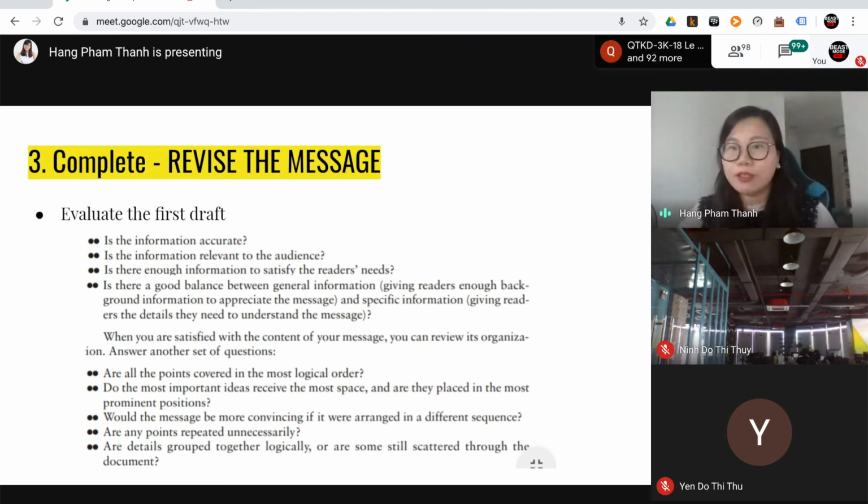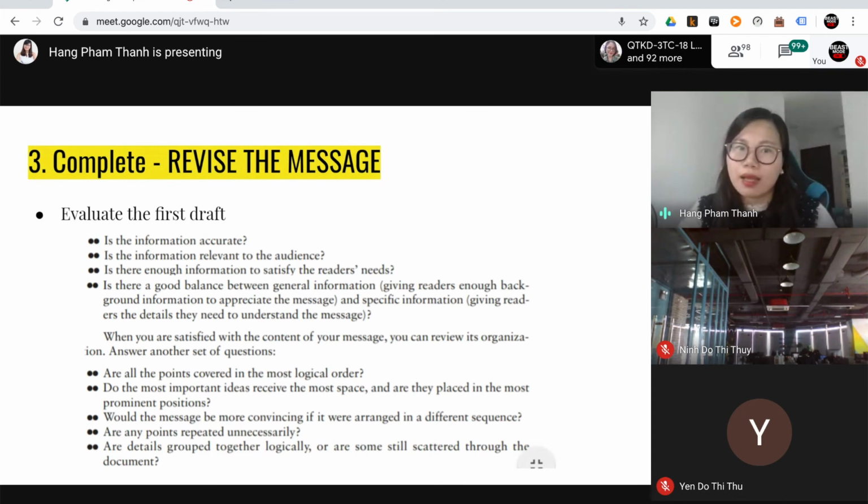Here are the questions you should ask yourself as a checklist when you evaluate the first draft. For example, is the information accurate and relevant to the audience? Is there enough information, or just very basic information that may not satisfy the reader's needs? Is there a good balance between general and specific information?